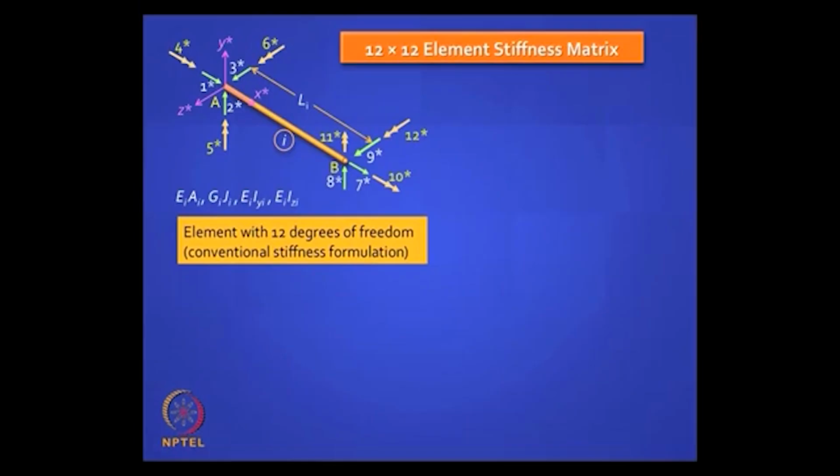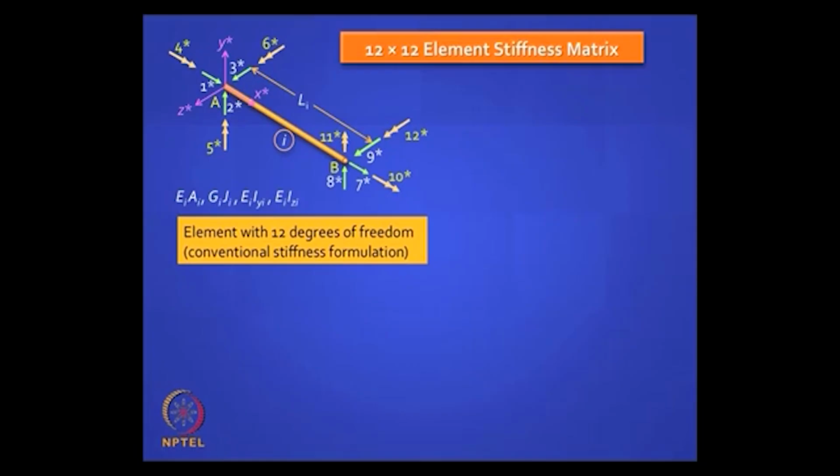So in your beam element you had 2 star, 3 star as well as, is it 6 star? I thought it is 8 star and 12 star, that is your conventional beam element, right.